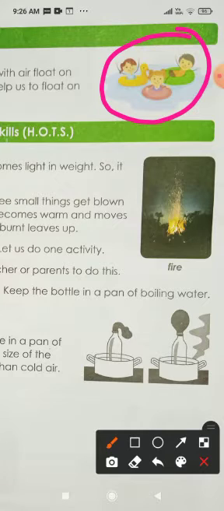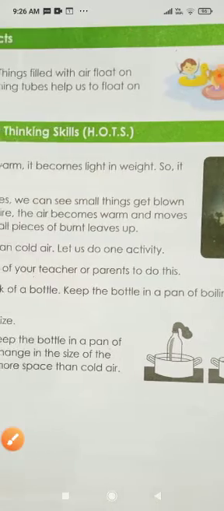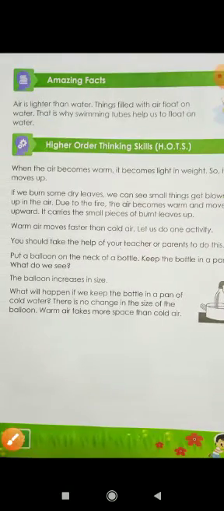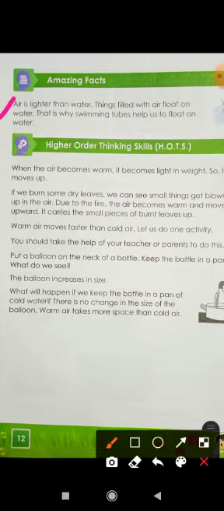Okay, now kids, I'm here. Air is lighter than water. What they are saying is air is lighter than water. So the things filled with air float on water, right?